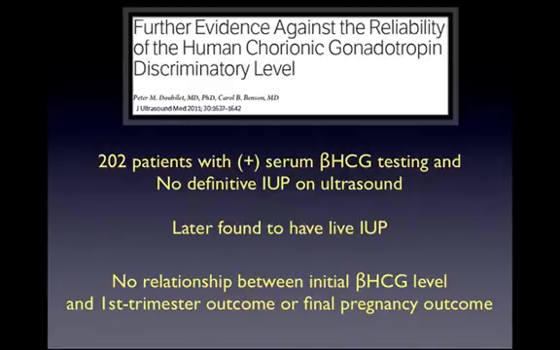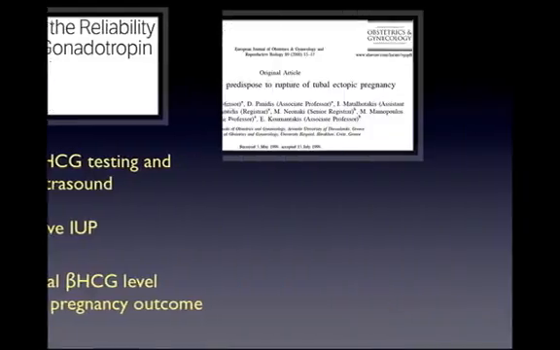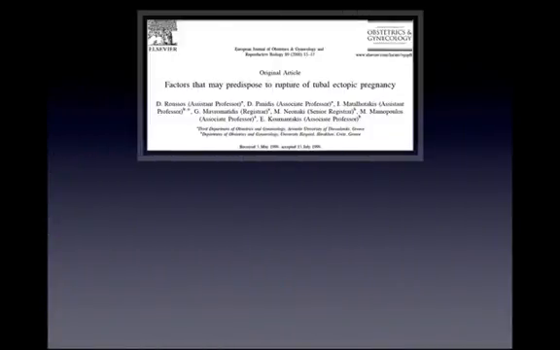What they found when they reviewed the beta-HCG levels of all 200 patients was that there was no relationship between the initial beta-HCG level and the final pregnancy outcome, even when stratifying the groups based on initial beta-HCG level of less than or greater than 1,000.